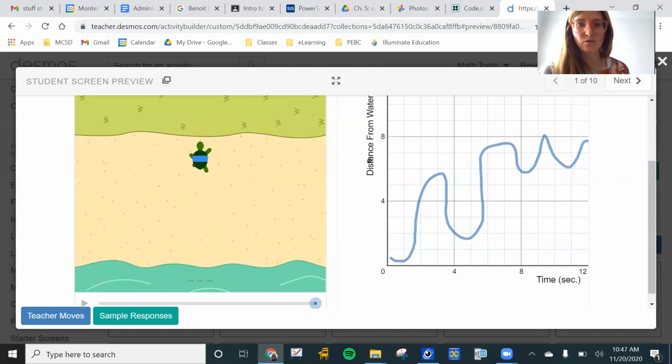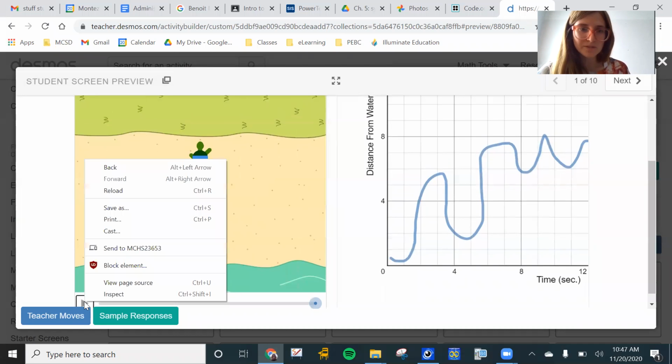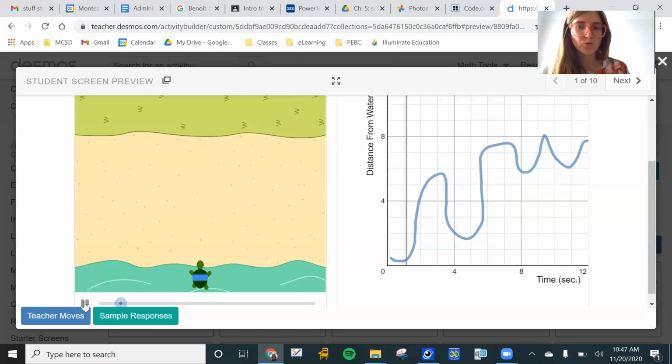The distance goes up and then down, and then up and down, and up and down. So we can see how the turtle gets further away and then back closer to the water, and then further and closer again. And there's also a couple moments where there are two turtles.